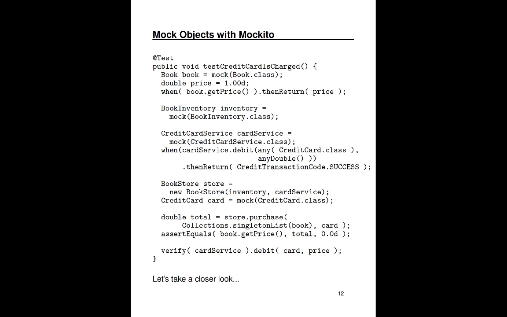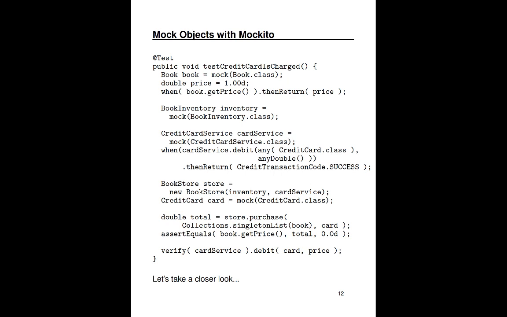We're also going to mock out our book inventory and our credit card service. And we're going to use that when method again to say when the debit method is invoked on the credit card service with any credit card instance and any double value, then it's going to return a success code.